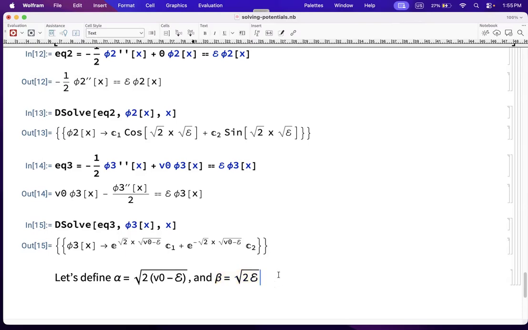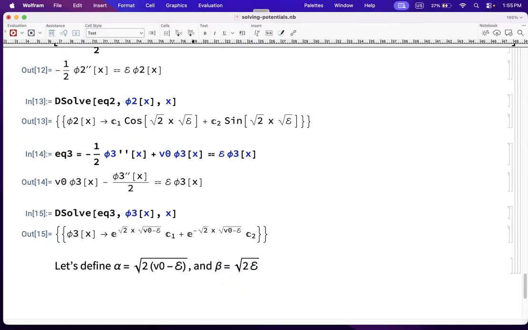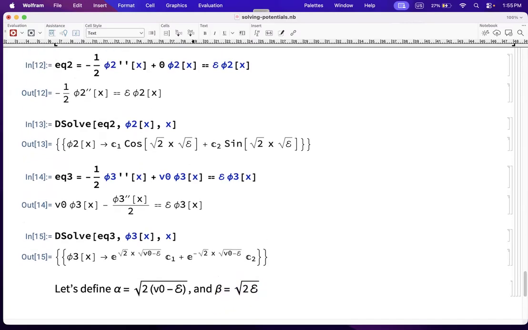Right? Remember this, right? With this, look at what I have here, right? I have C1 e to the alpha x plus C2 e to the minus alpha x. Look at this. That will be phi 1.